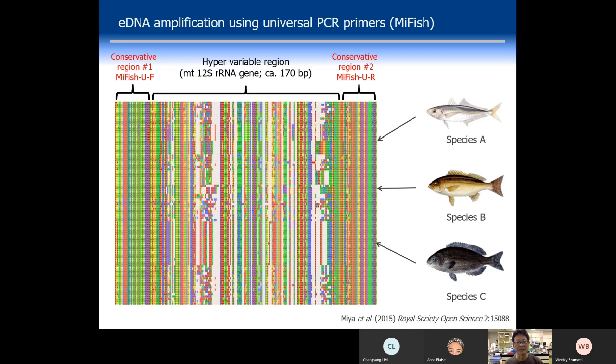You can see that there is a hypervariable region which can be used to distinguish species, with conservative regions on both sides, so we can design a universal PCR primer.